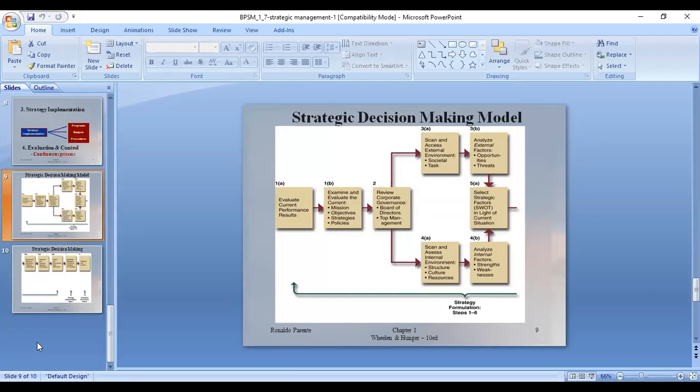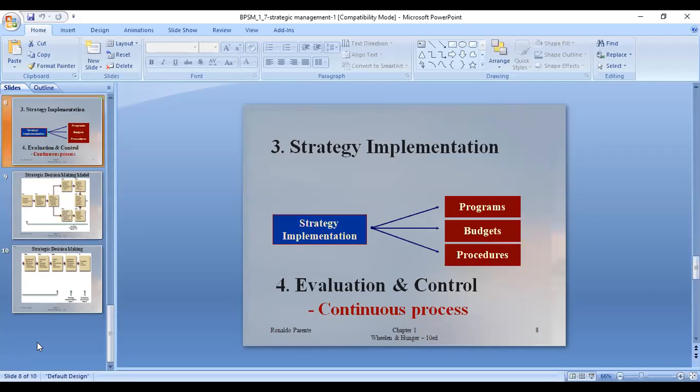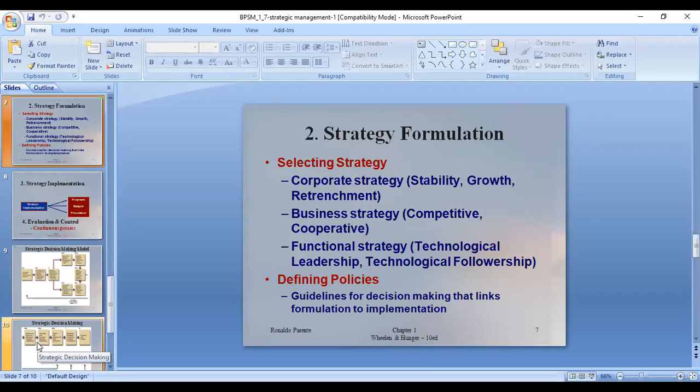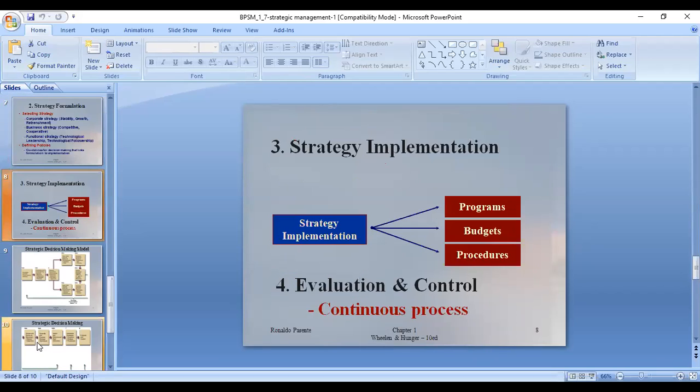When we formulate the strategy, implementation is generally done in three ways: programs, budgets, and procedures.